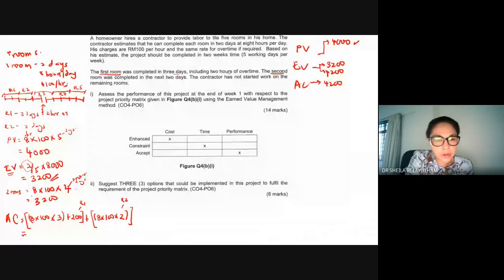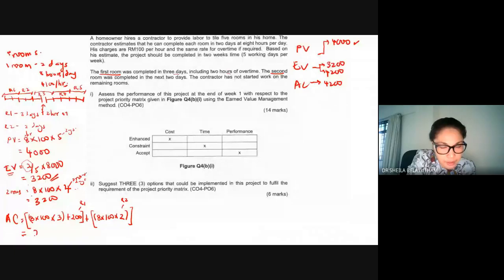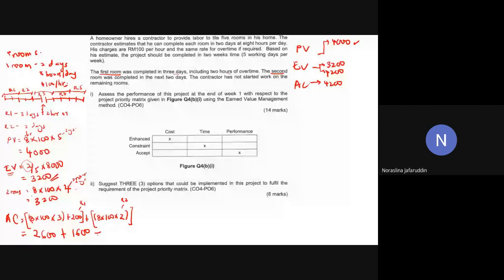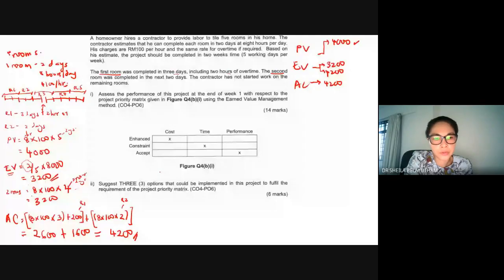Okay, so what's the value for room 1? 2,600. Okay, plus room 2, 1600. So does it equal to 4200? Yes. Okay, so your actual cost will equal to 4200.